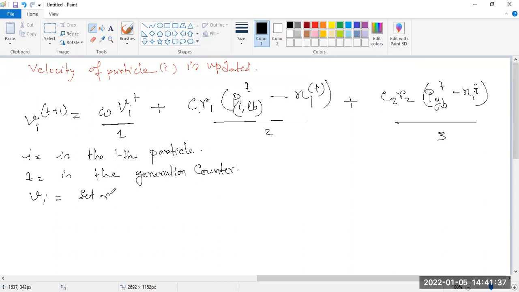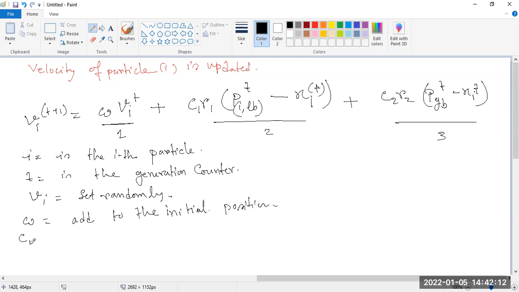It is set randomly. Omega is added to the initial position.